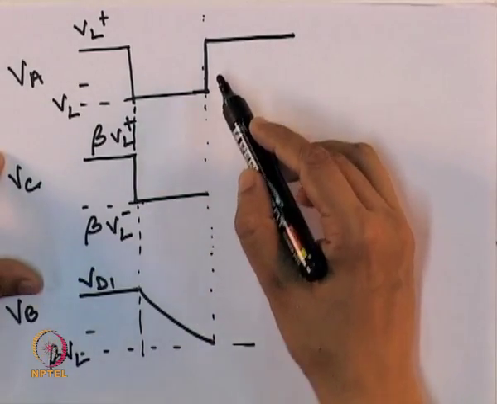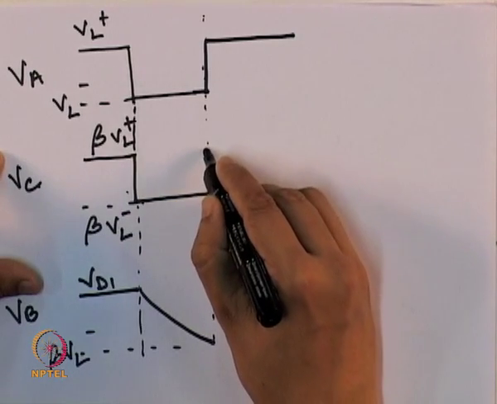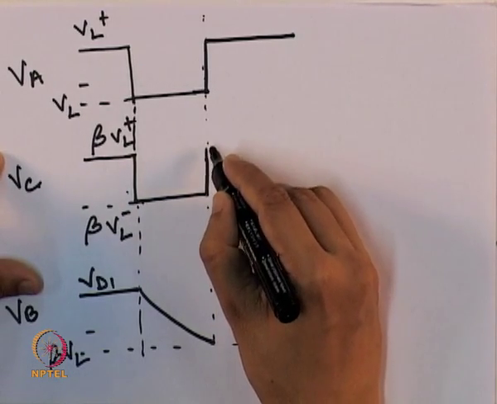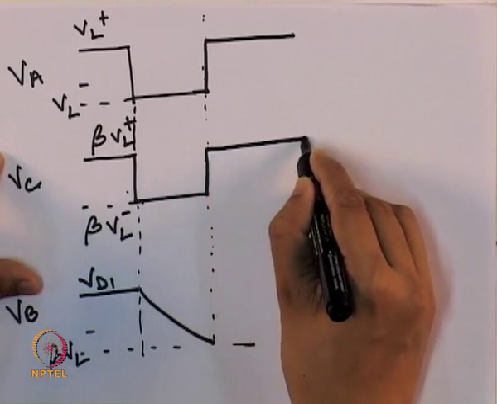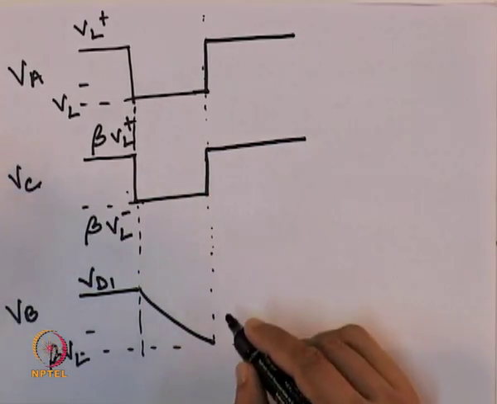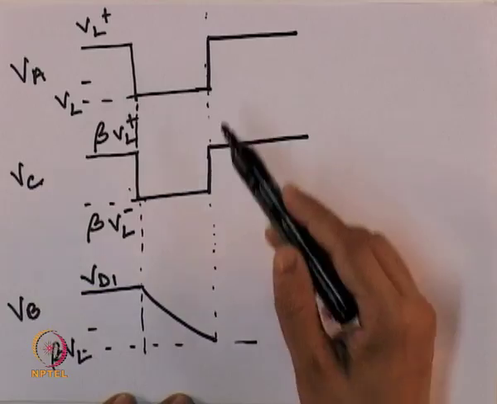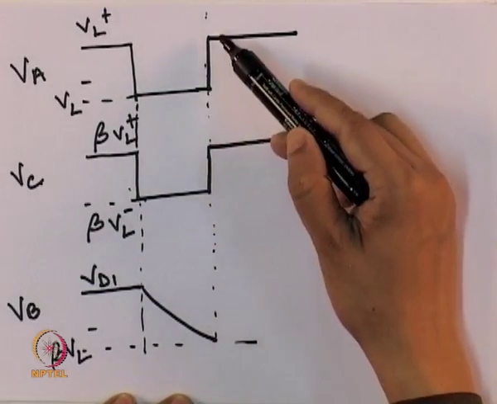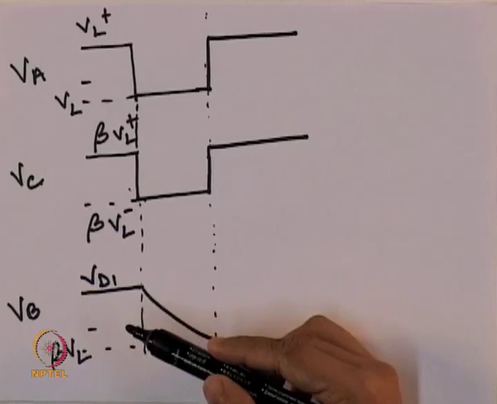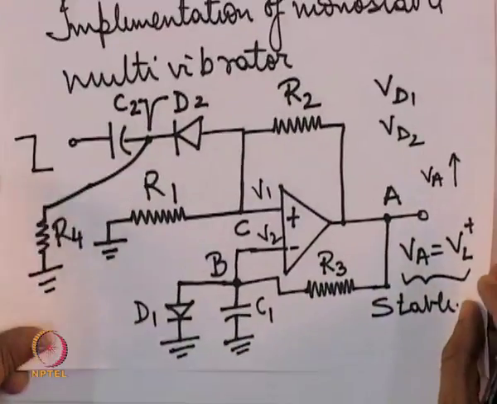Once VA transforms, VC will also simultaneously transform from beta VL minus to beta VL plus. Now let me come back to the circuit once again.